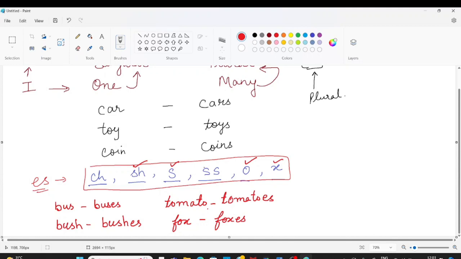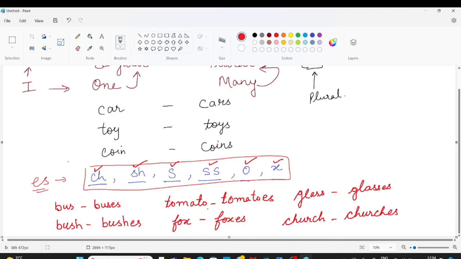If the word is ending with double s, for example glass, we will add es, glasses. If the word is ending with ch, for example church, we will make it churches.